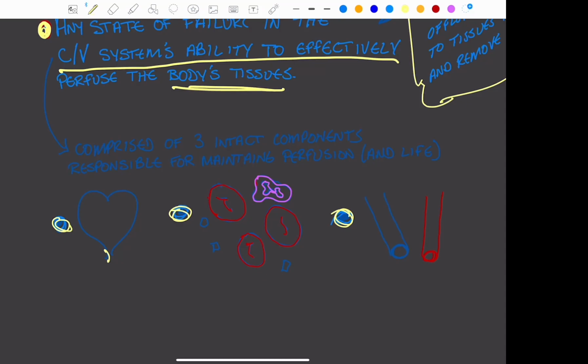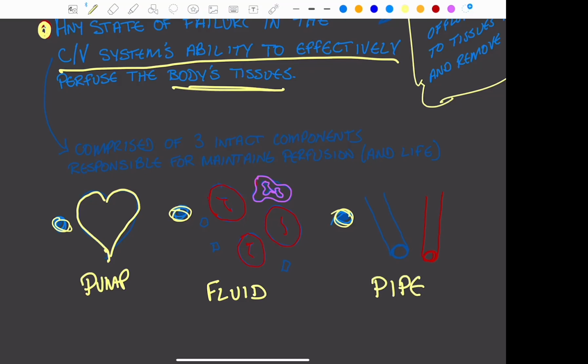From a shock and hemorrhage control standpoint, we're really just looking at the closed circuit of the cardiovascular system itself. So we have the pump, which is the heart, the fluid, which is the blood, and then the hoses or pipes, which would be our veins and arteries.